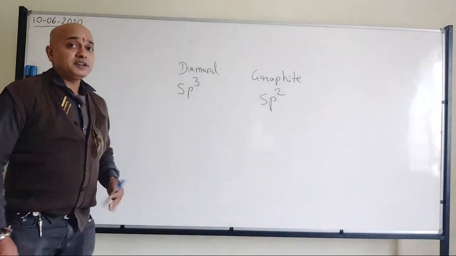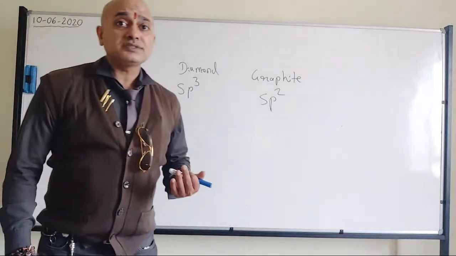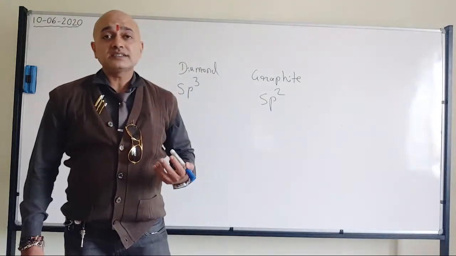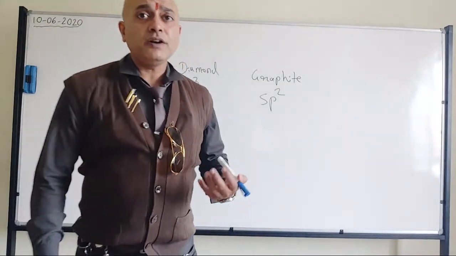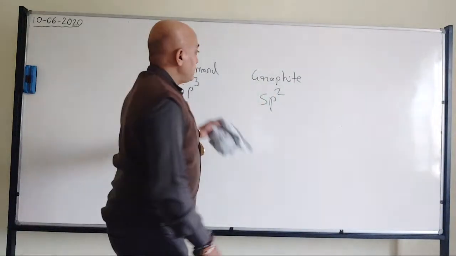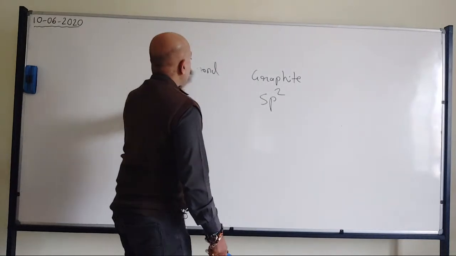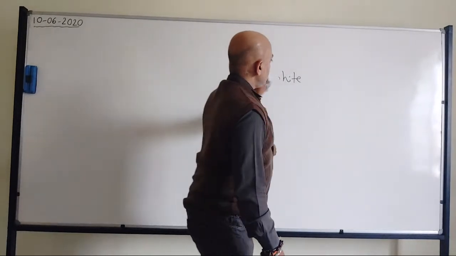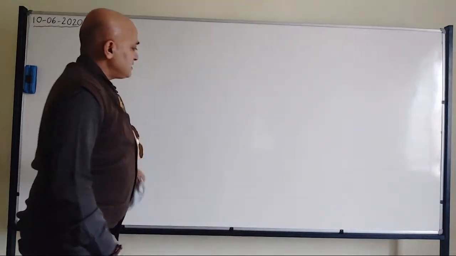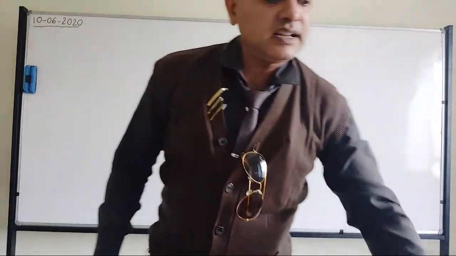Now melting point, diamond can go up to 4000 degrees Celsius. When it comes to graphite, it is also not less. It is somewhere around 3600 degrees Celsius. So that's what we have discussed about diamond and graphite. Okay now? So these are some of the concepts which we have discussed in the last class.